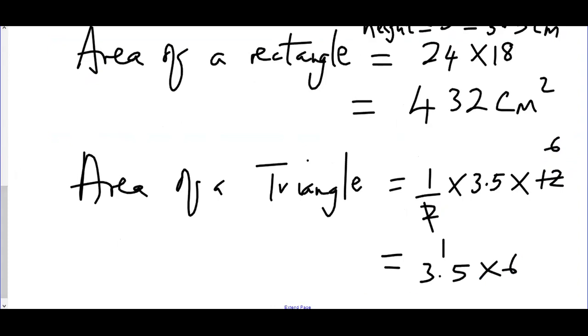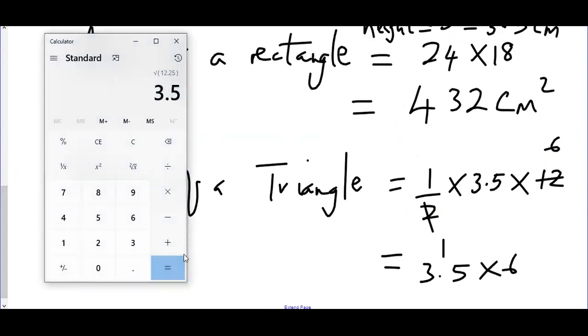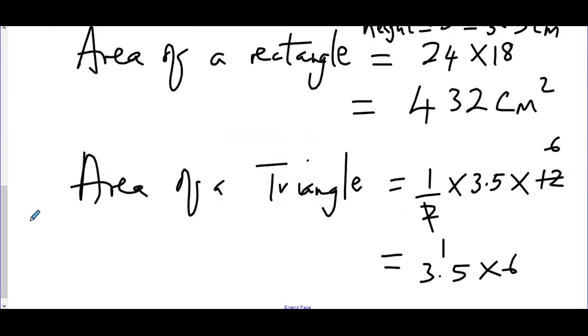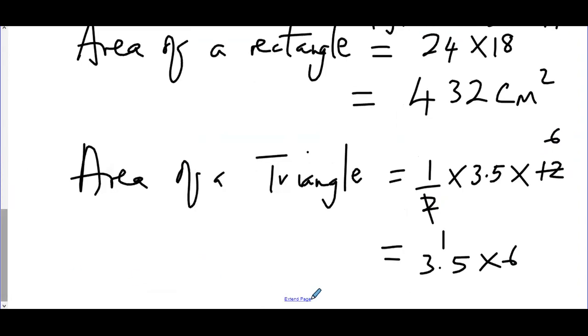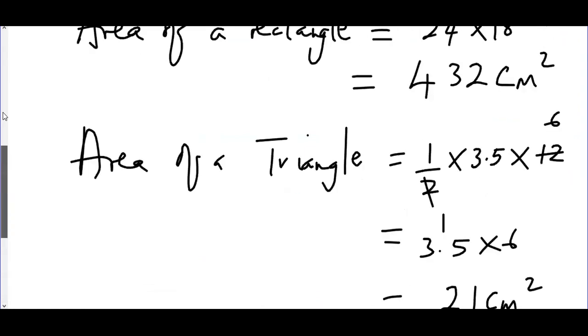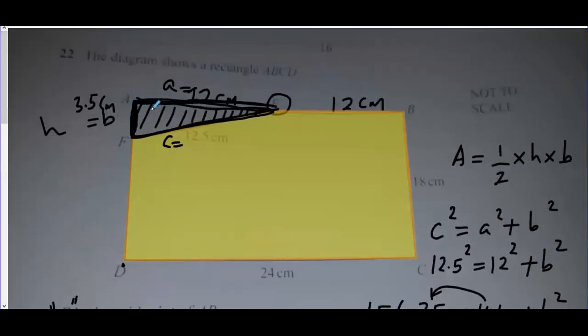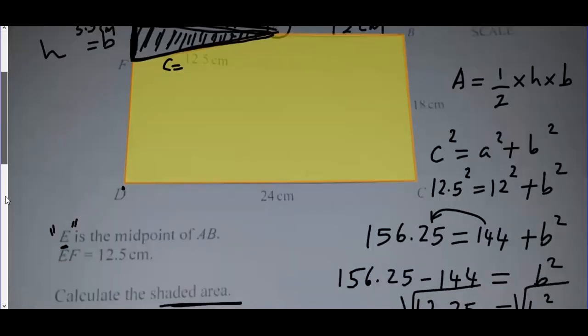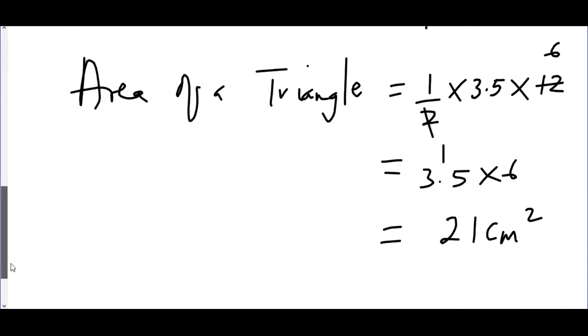So we have 21. This will be equal to 21 centimeters squared. So the area of this small portion, the area of this triangle here, is equal to 21 centimeters squared.